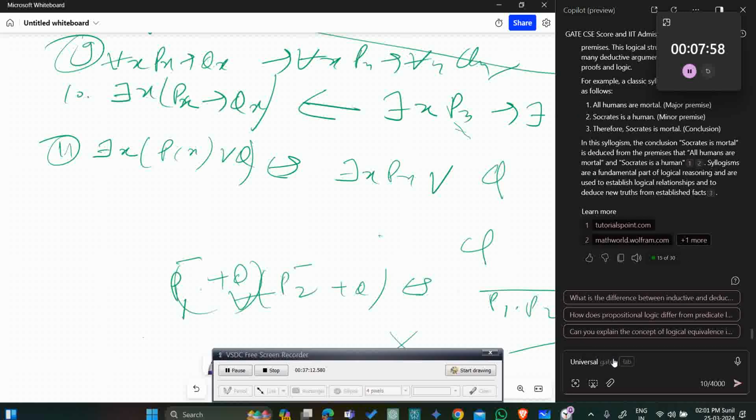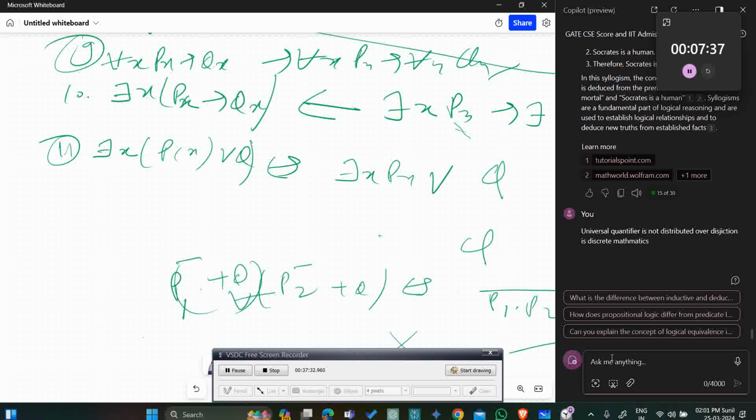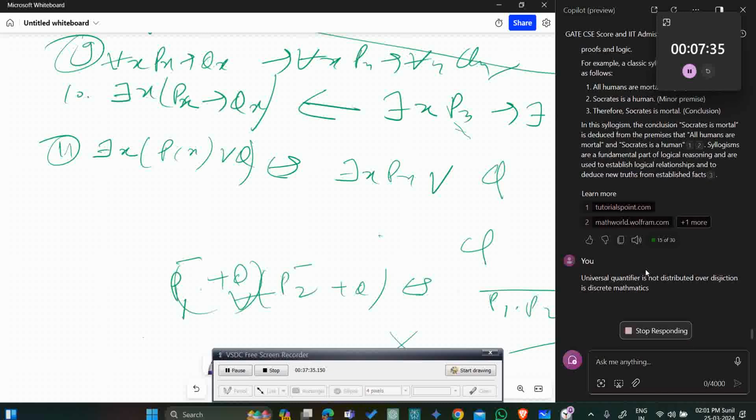The universal quantifier is not distributed over disjunction in discrete mathematics.